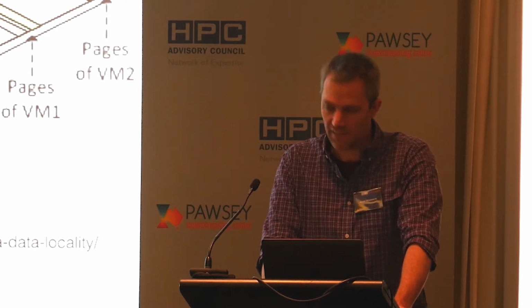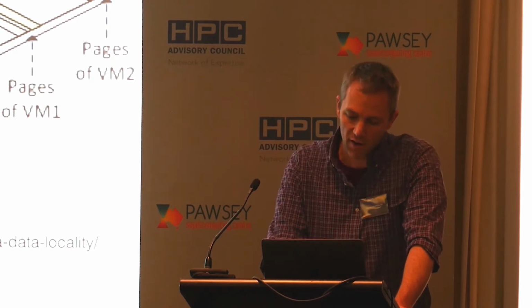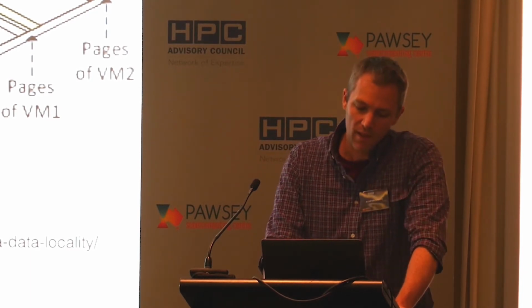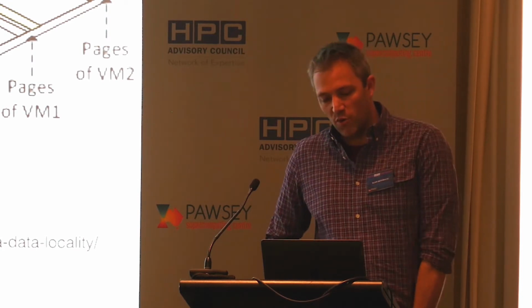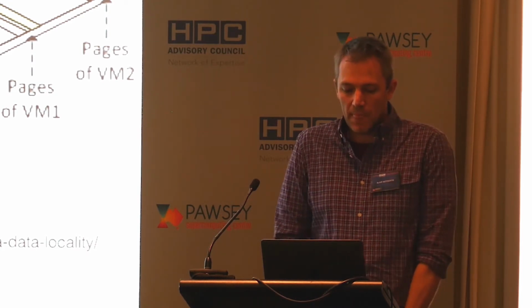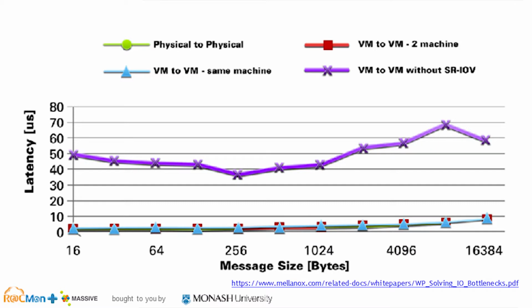So for the Lustre file system and for any parallel job traffic as well. And huge pages, of course, are an important factor as well. TLB thrashing sucks.